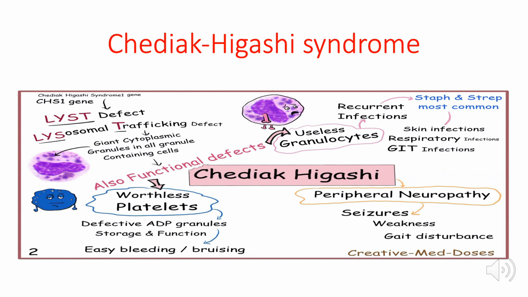And according to some of my readings, some patients with Chediak Higashi syndrome will present with peripheral neuropathy, and the only explanation that they provided is that the lysosomes in the neurons are defective in the absence of lysosomal trafficking regulator protein, thus causing the neurons to die, and the patient will have peripheral neuropathy.